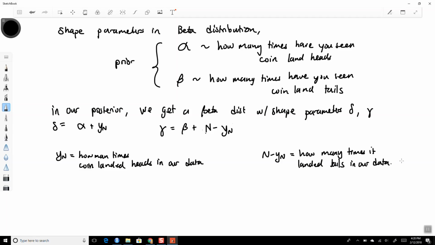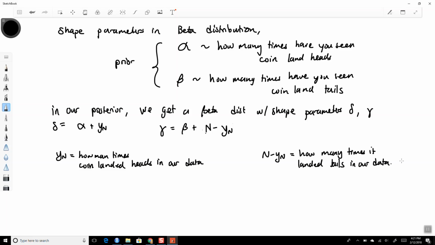Then we flip the coin 10 times and it lands heads 6 times and tails 4 times. So my updated distribution will have alpha equal to 5 plus 6, 11, and beta, or I guess gamma, equal to 5 plus 4, 9. So I'll have a new distribution with shape parameters 11 and 9, which will be shifted a little bit to the right of 0.5.